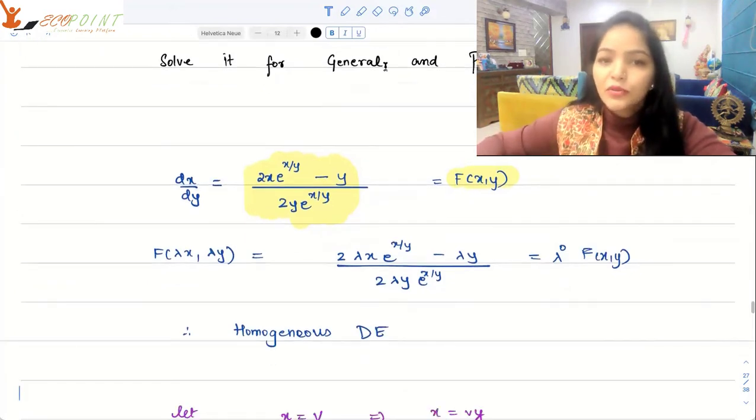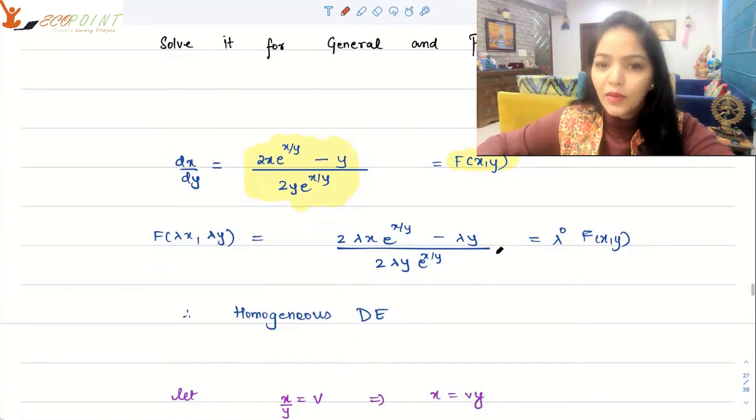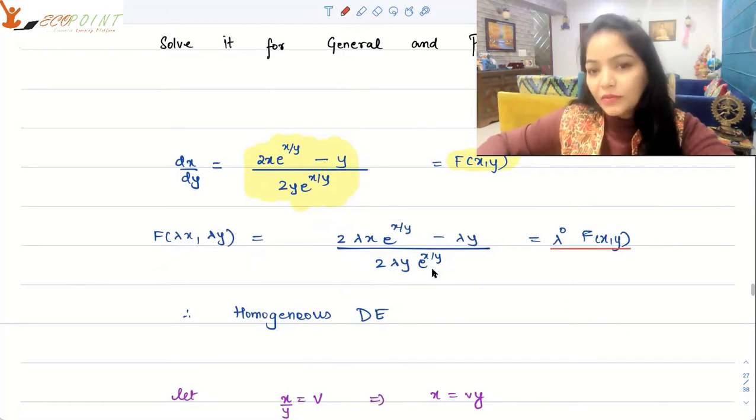So this is equal to twice of lambda x e to the power x by y minus lambda y upon twice of lambda y e to the power x by y. So this gives you, you can check for yourself, lambda cancels.